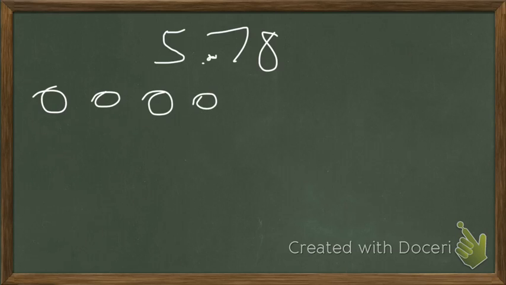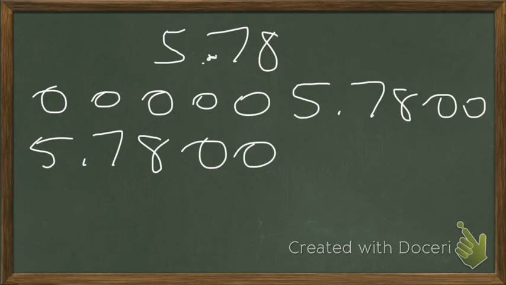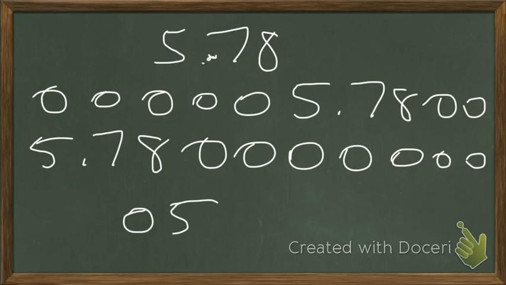Because if I write these numbers, which number is the biggest? The 5.7. The middle one.